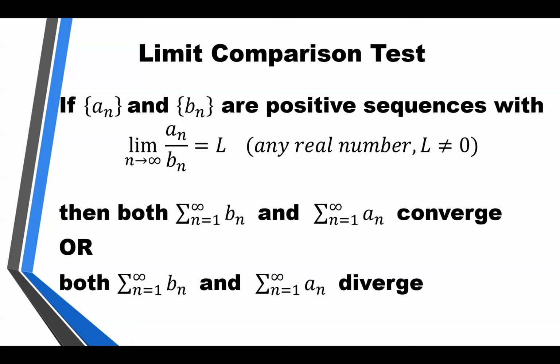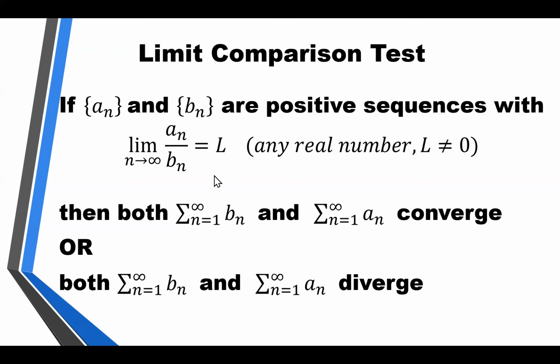So they both do the same thing as long as the ratio of the terms has a limit of some real number. Basically, what this is saying is that the terms are essentially decreasing or growing at the same rate. That's really what it means to have the limit be some real number.